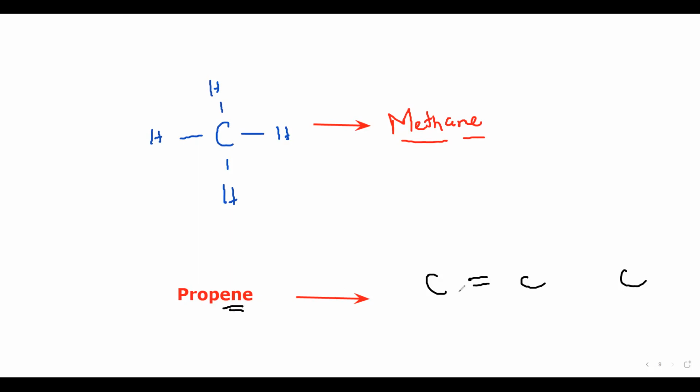Because the position of the double bond is not mentioned, it is between the first and second carbon, and the rest will have single bonds. So this will have two hydrogen, this will have one hydrogen, and this will have three hydrogen. So this is the structure of propene. Using the structure we should be able to name, and using the name we should be able to write the structure.